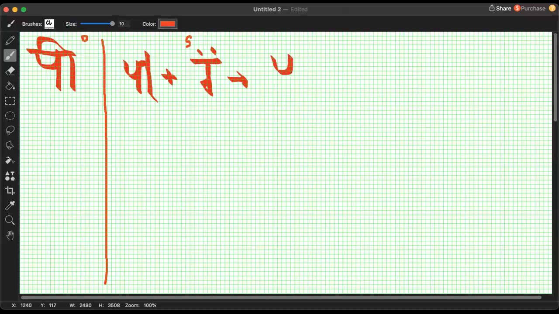Since first you write pa, the vertical line will remain on the left side and the curve on the top will be on the right part of the alphabet. You have to make sure that this portion is empty because this alphabet doesn't come with a shiroreka.